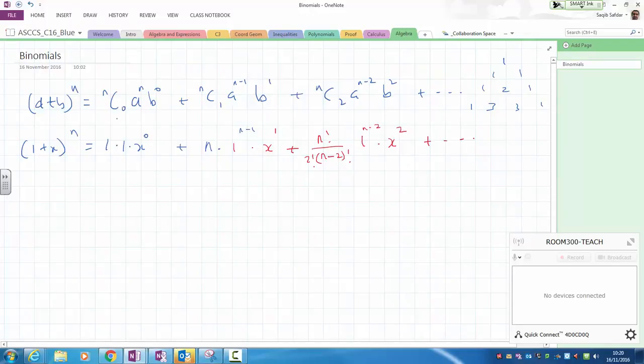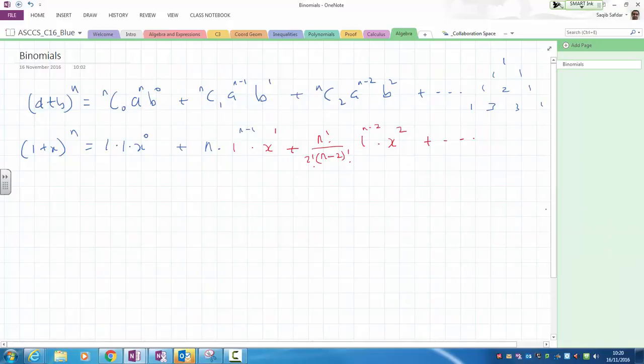So nC0 would always just be 1, and nC1 is going to be n, and nC2 will be n factorial divided by (n minus 2) factorial divided by 2 factorial, times 1 to the power n minus 2, times x squared.